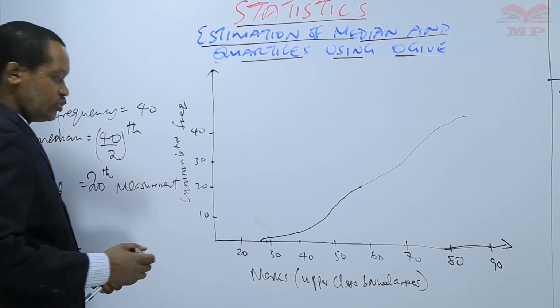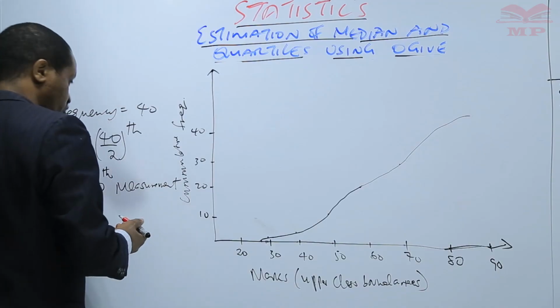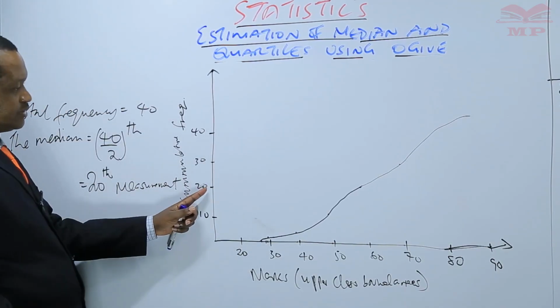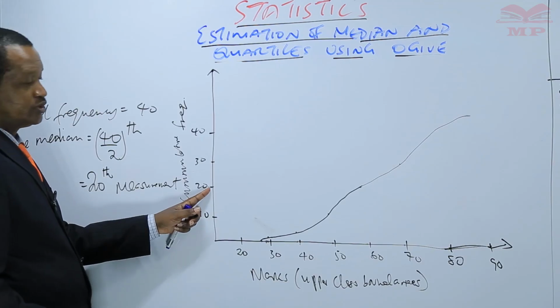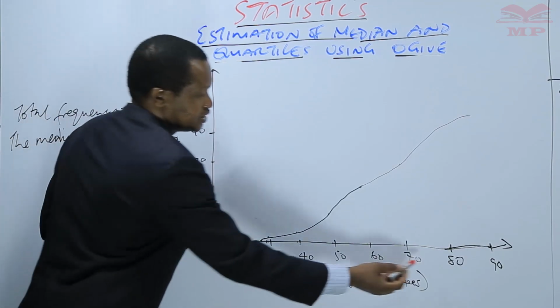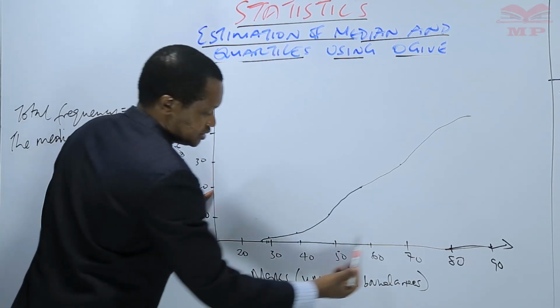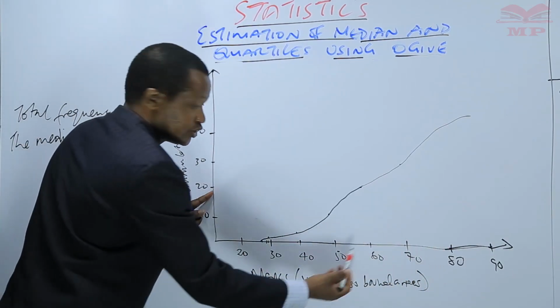Because this is the 20th measurement, we need to determine the median on the horizontal axis.